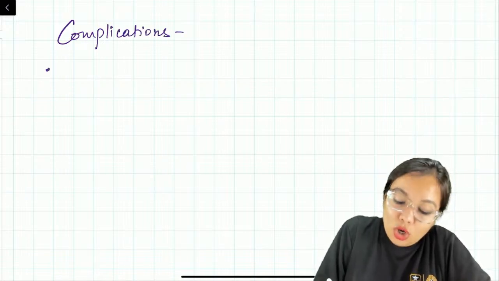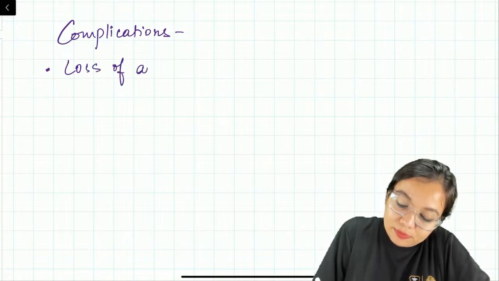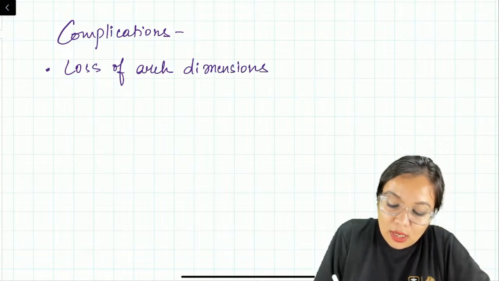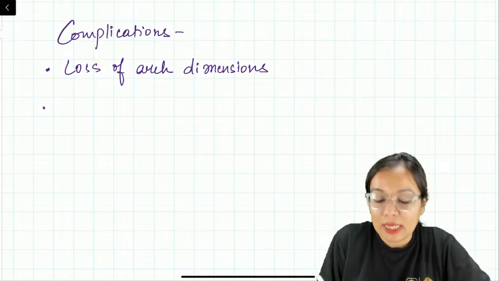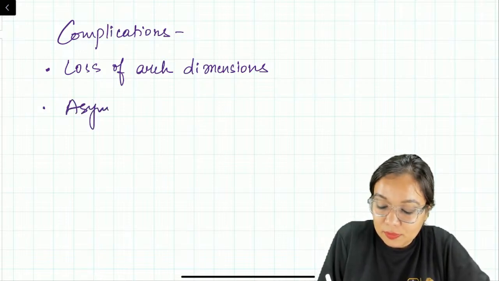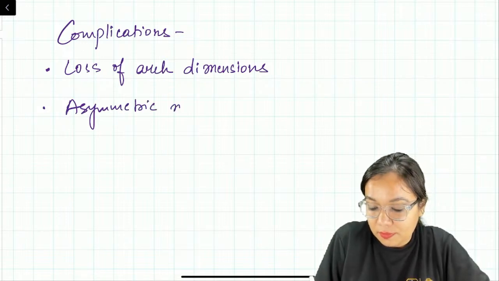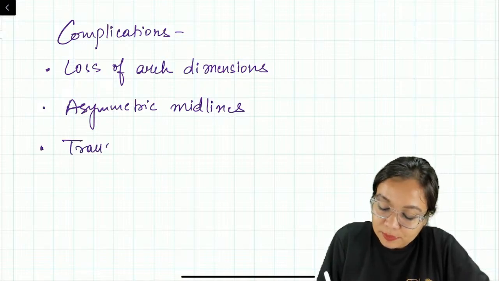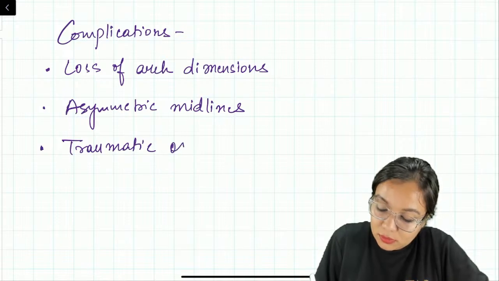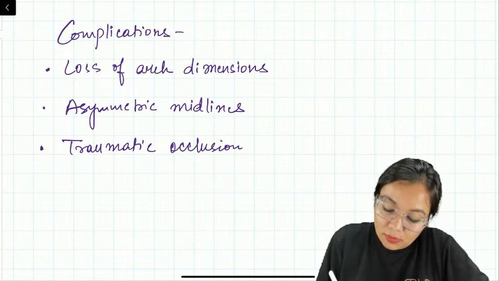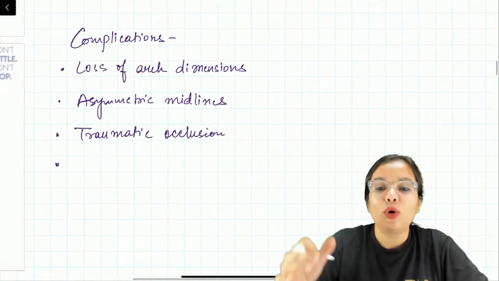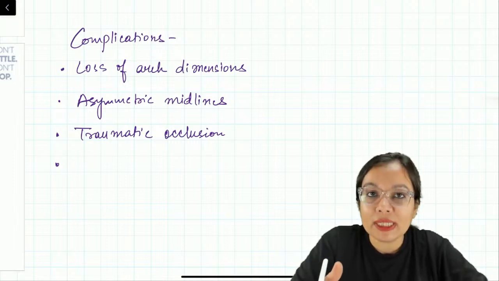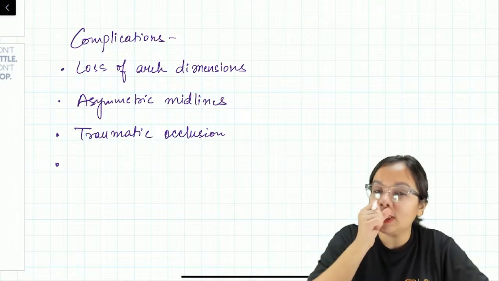So it can lead to loss of arch dimensions. It can also lead to asymmetric midlines. It can cause traumatic occlusions. Okay, then it can also lead to stripping of the gingival tissue on the labial surface of the lower teeth, because the upper teeth will rest on the gingival tissue of the lower teeth.